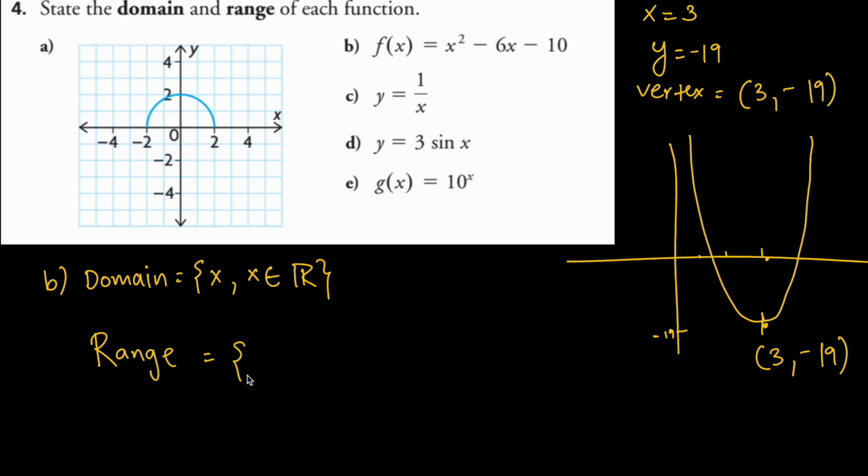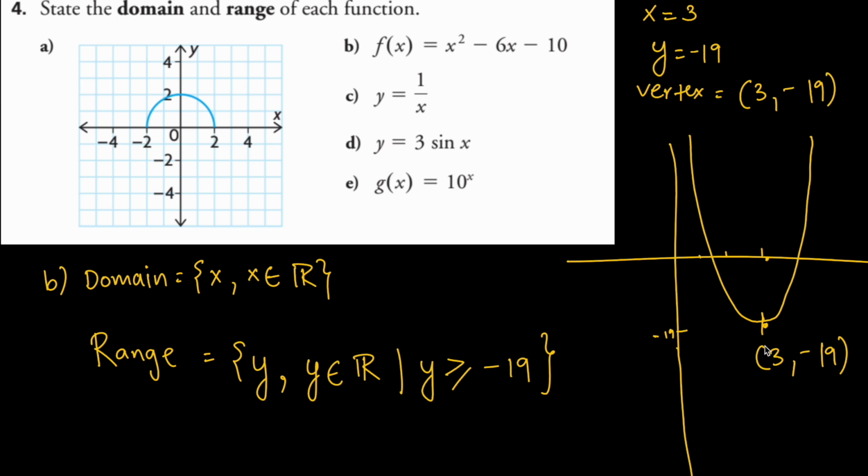For the range, y belongs to real numbers, but the restriction is y has to be greater than or equal to negative 19. I am not including any y values below negative 19. Y values have to be all above negative 19, not less than negative 19. That is the only restriction I have on the y values, and so for the range as well.